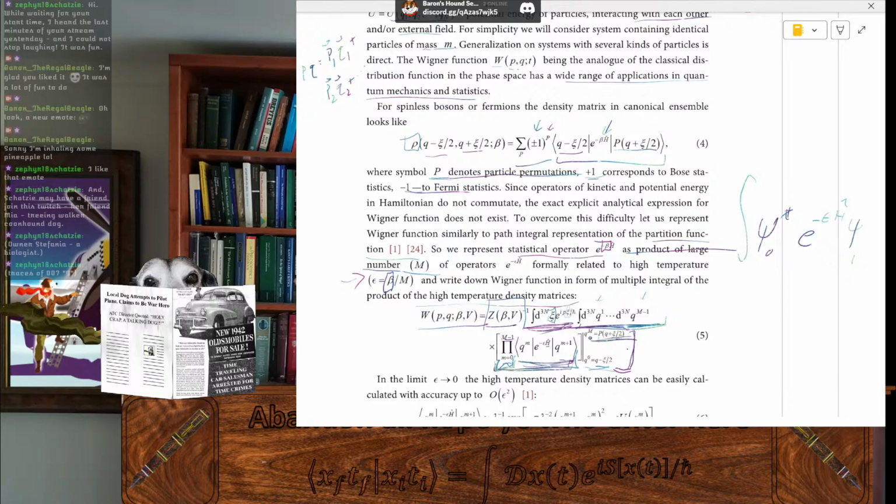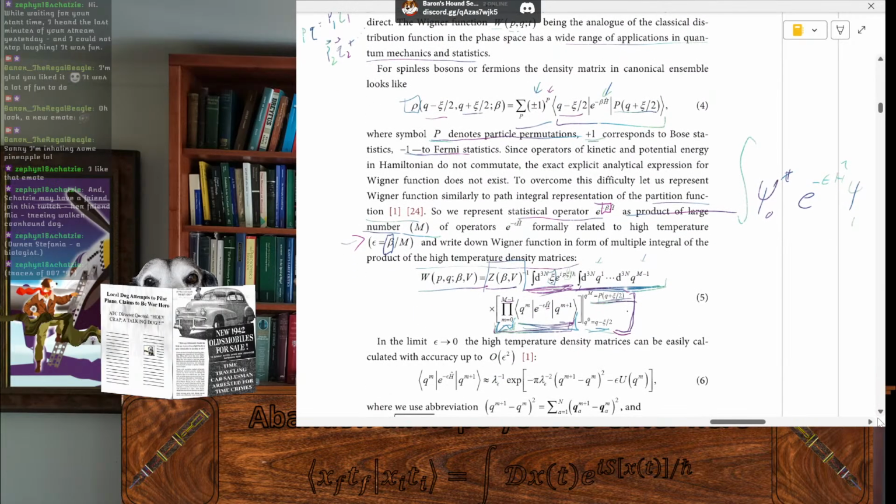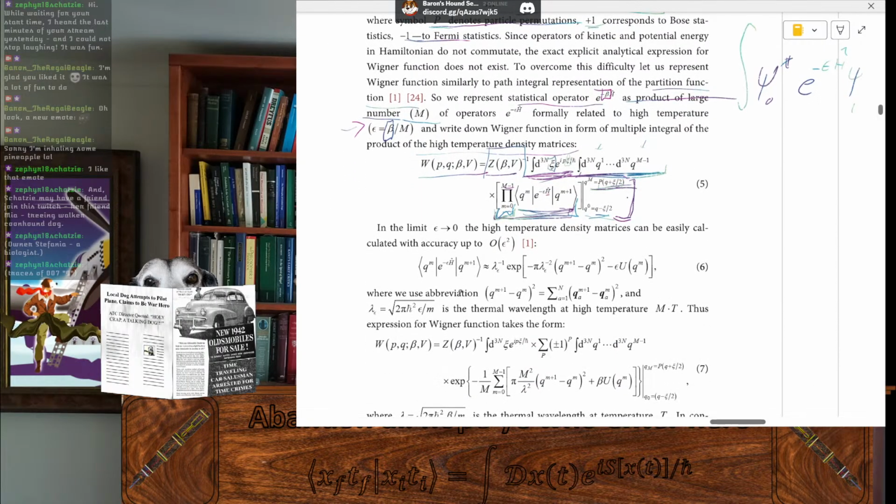In the limit where epsilon approaches 0, the high temperature density matrices can be easily calculated with an accuracy up to order of epsilon squared, where the inner product between q m and this operator and q m plus 1 is equal to lambda epsilon to the negative 1, which is just a constant, right? It's the thermal wavelength at temperature m times T, times the exponential of negative pi.